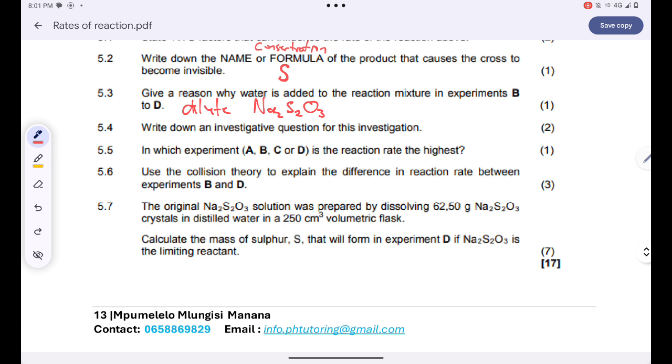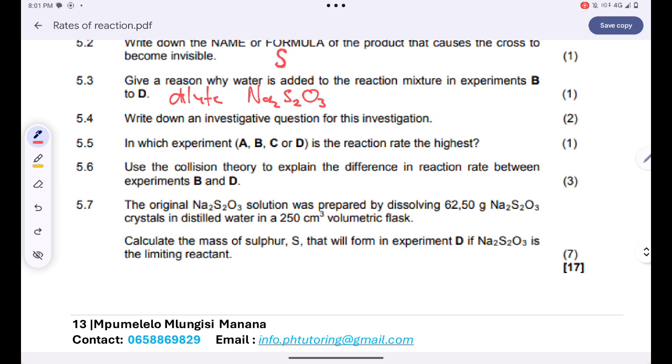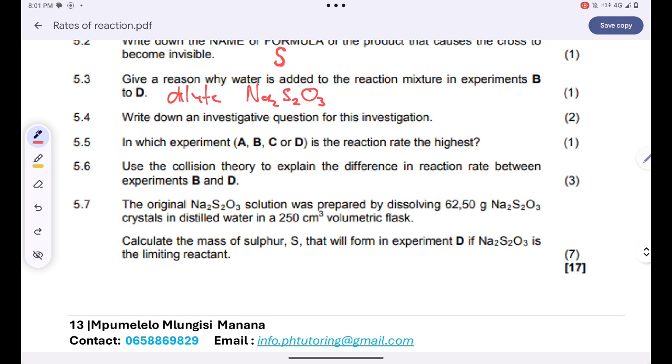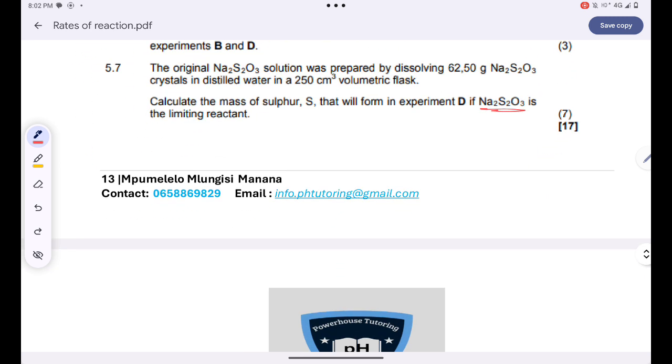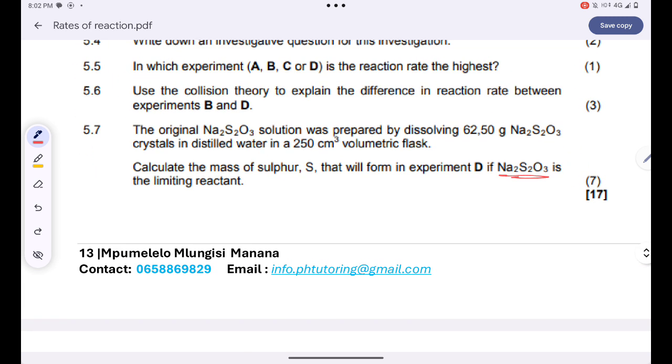They want us to calculate the mass of sulfur that will be formed in experiment D if our sodium thiosulfate is a limiting reagent. A limiting reagent is a reagent that will be used up completely in a chemical reaction. Are you together? Okay, so now let's find the number of moles, or rather the concentration, of our sodium thiosulfate.